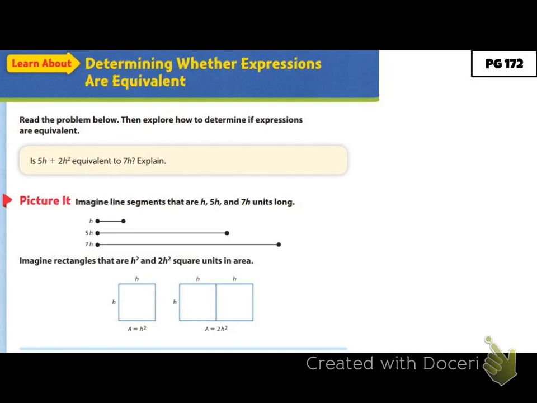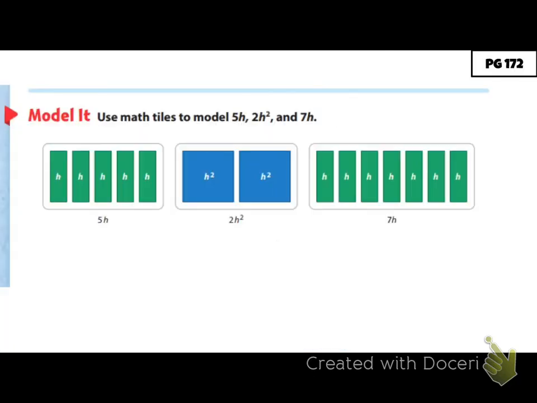Imagine rectangles that are h squared and 2h squared in area. To model it, use math tiles to model 5h, 2h squared, and 7h. So you can see, here's 5 h's on the left, in the middle you have 2h squared, because they're two-sided, and then you have 7h on the right.